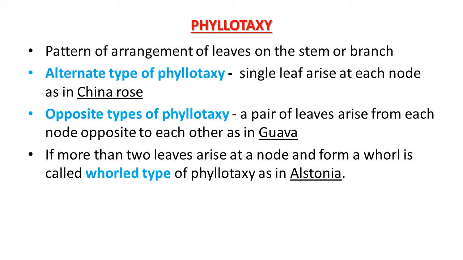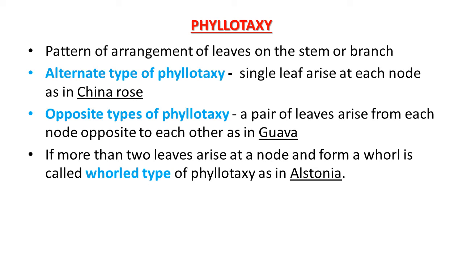Third type of phyllotaxy, that is whorl type of phyllotaxy. One point is important here: if more than two leaves arise at a node and form a whorl like arrangement, this type of arrangement of leaves on stem or branches is known as whorl type of phyllotaxy. Not like alternate or opposite type, where only one or two leaves arise from a single node, here more than two leaves arise at a nodal region.